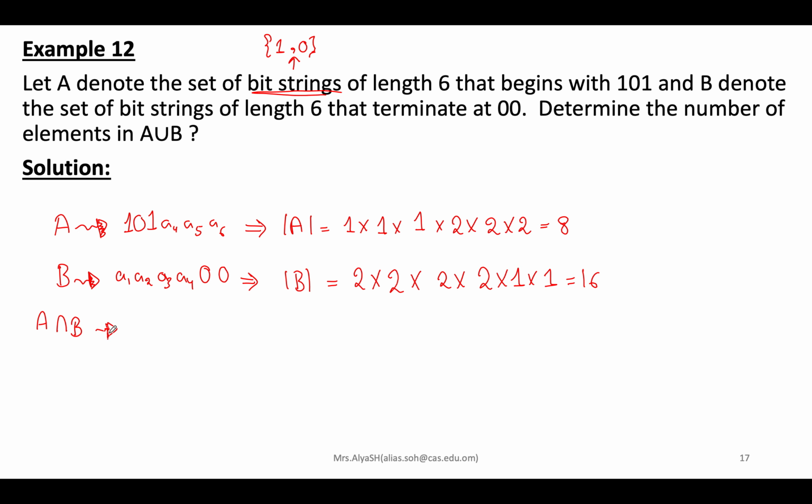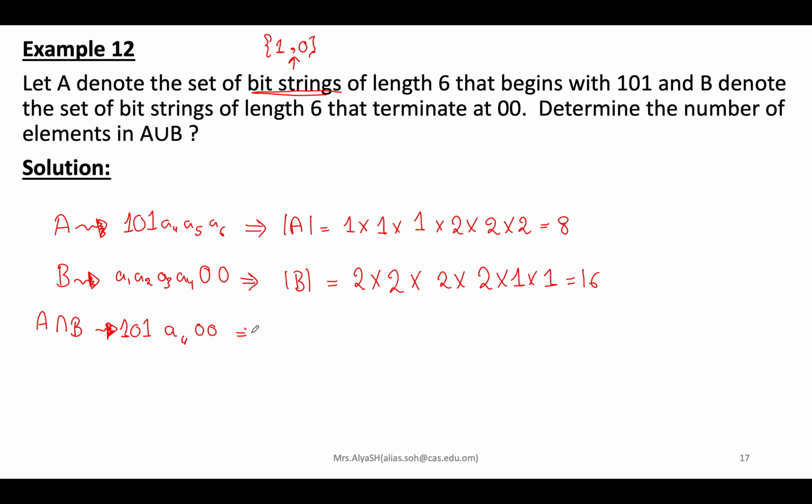A intersect B means it starts with 101 and ends with 00, which means I have only one position here that can be any option, which is A4.